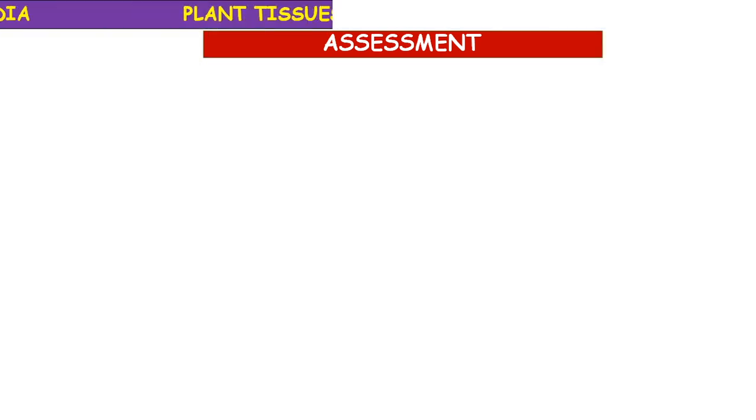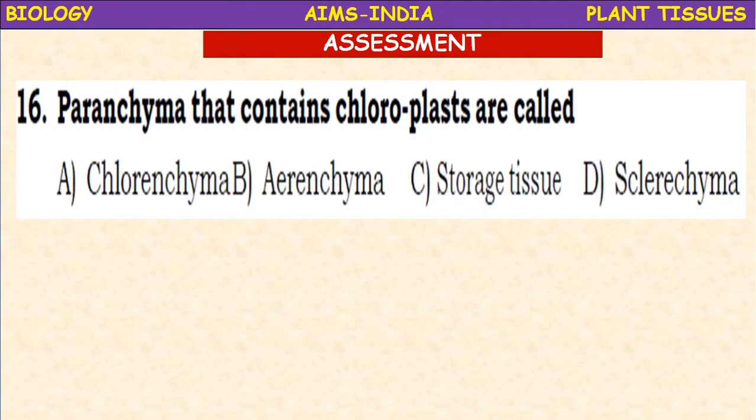Next, parenchyma that contains chloroplasts are called chlorenchyma. Parenchyma is present in the hydrophytes. Storage tissue is present in the potato, banana, like that, or in the seeds. Storage parenchyma is present.